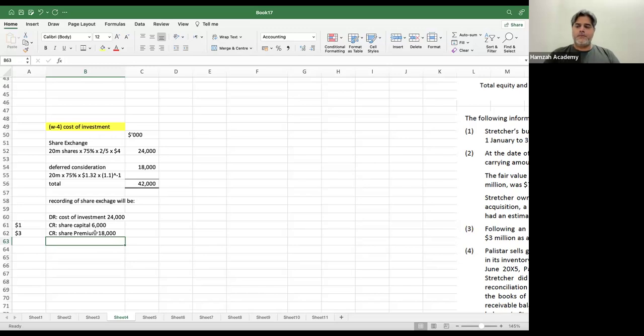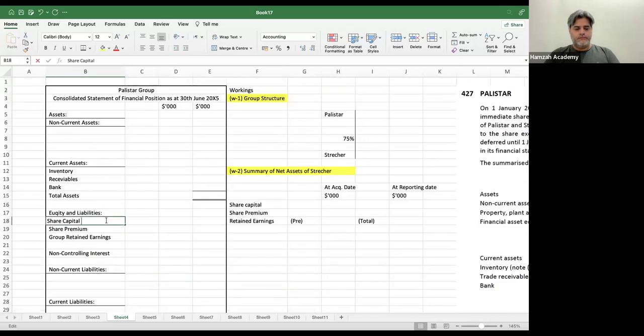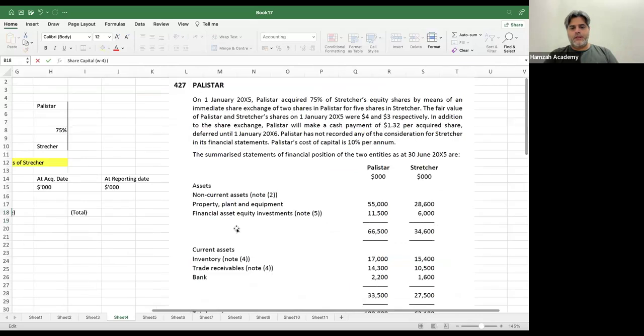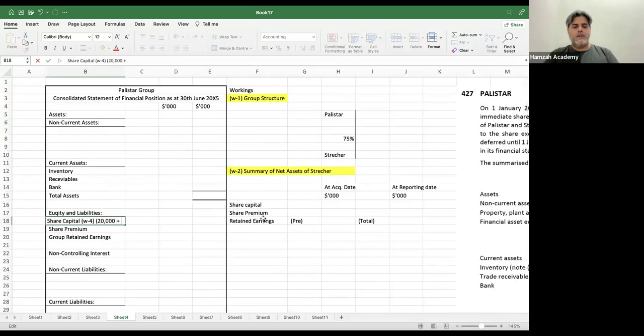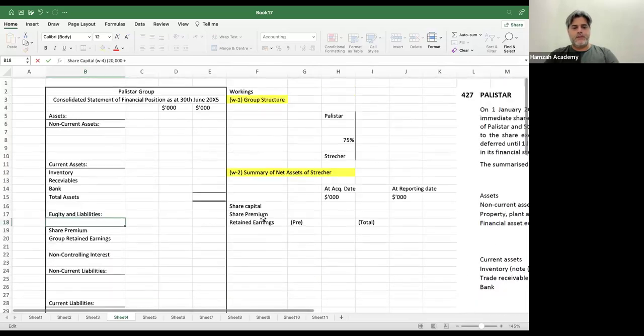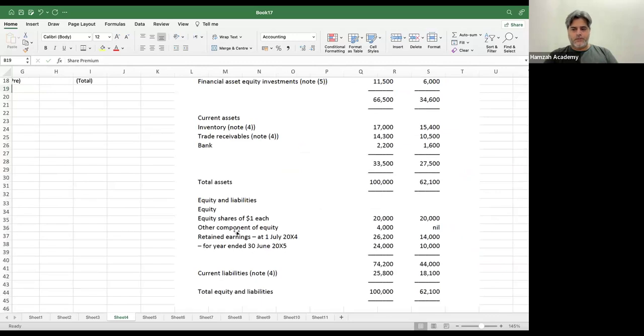Now the share capital and share premium are supposed to be recorded in the account. So I'll go up. Share capital is 6,000. So already my share capital is 20 million plus 6 million. Share premium, I don't have any, right?